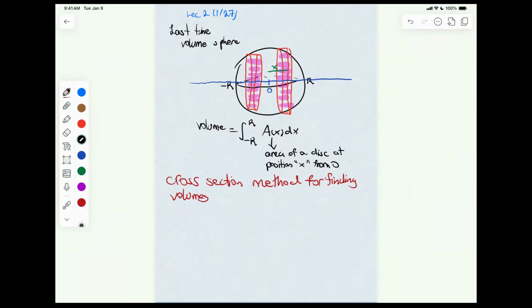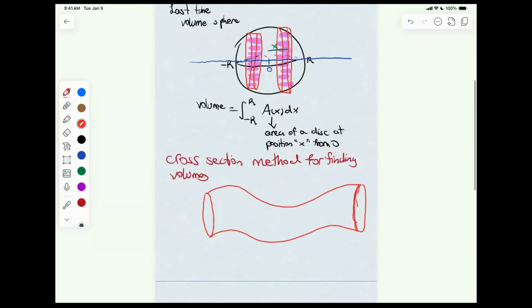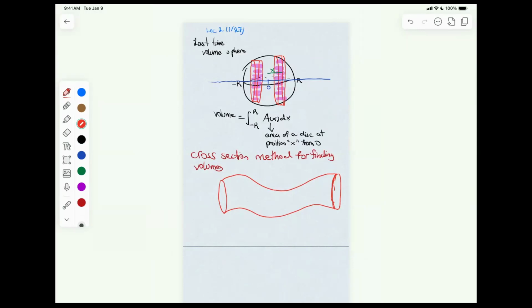I'll draw it more like a tube. Imagine you have that solid and you want to find its volume, how much stuff is inside the interior of this solid, which is a tube in this case.